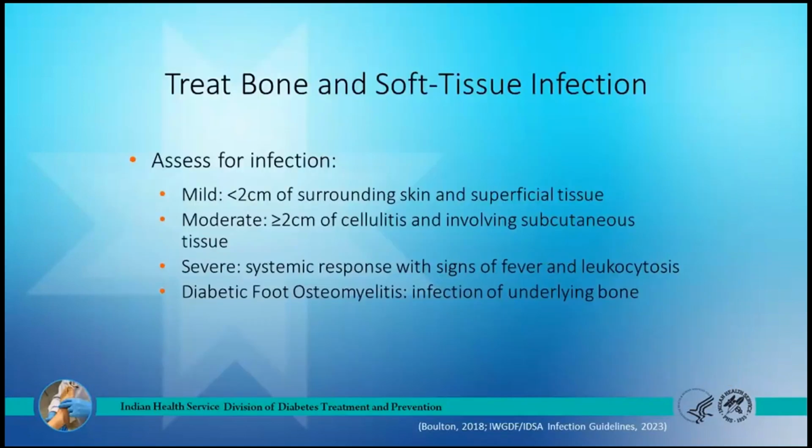Treating bone and soft tissue infections: we need to assess for the infection. We do this in many ways, but during our examination, we would consider an infection to be mild if there is less than 2 centimeters of erythema of the surrounding skin and superficial tissue. Greater than 2 centimeters of erythema can demonstrate cellulitis and usually involves the soft tissue and subcutaneous tissue.